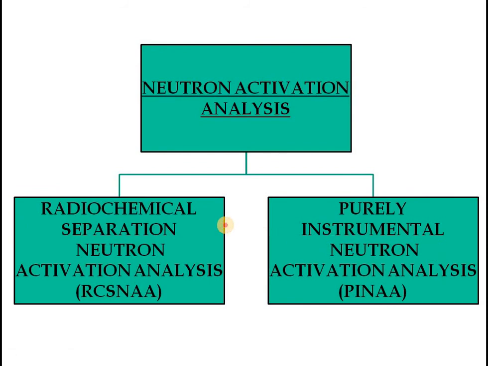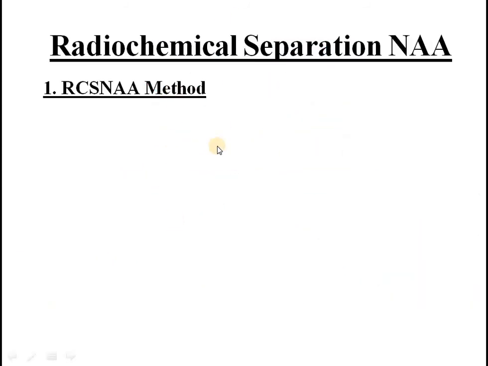They only differ in the initial procedure, the initial sample preparation. According to sample preparation, you have them classified into these two. In radiochemical separation, what is done actually is that first the sample is irradiated. This is preferred when the element of interest is very small in the sample.